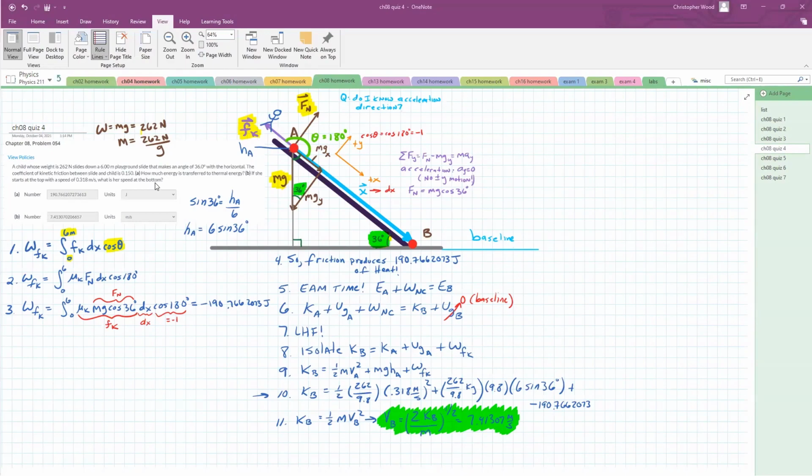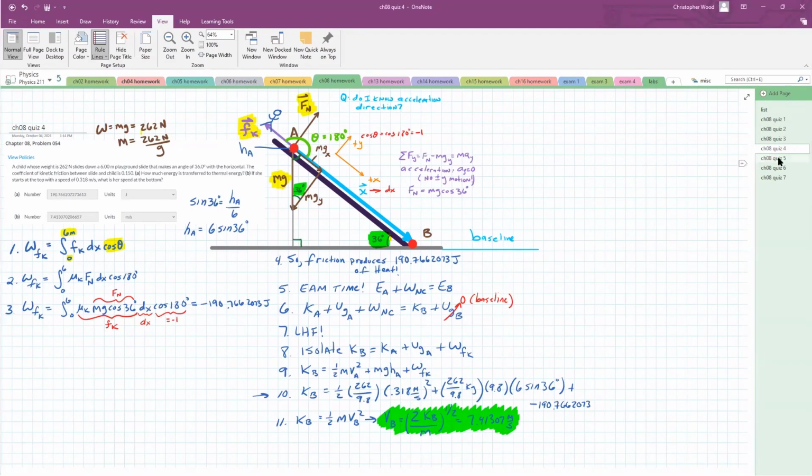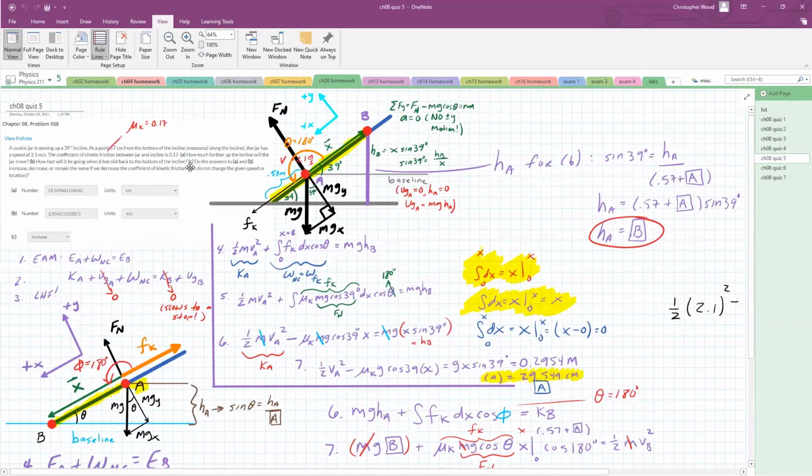Pretty good. Some people still are, my guess is, focusing on calculator challenges. But again, I'll add some stoppage time at the end of the match. I will add back some stoppage time. So not to worry. Let's get the official start to the last quiz of today. Chapter 8, quiz 5.